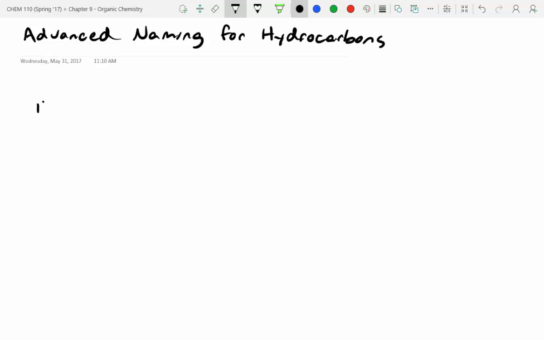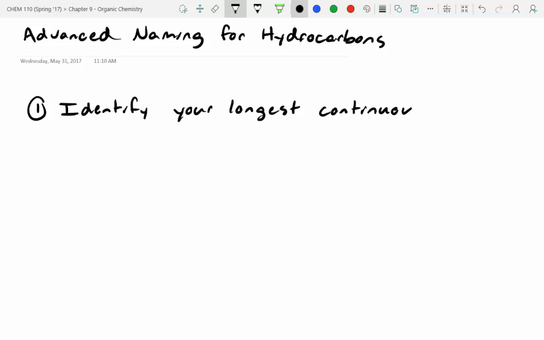The first thing you do is identify your longest continuous carbon chain. And this will be your parent chain. Two is identify branching groups.